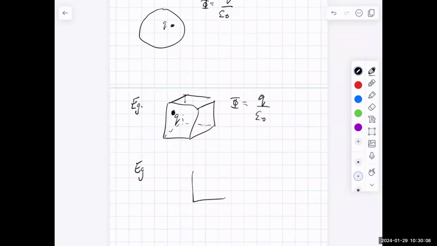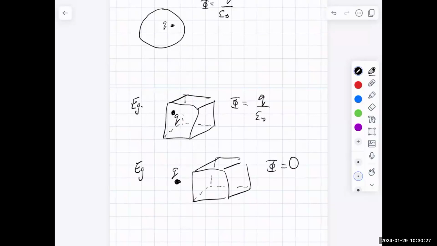So we'll start with our cube surface again, just because that's one I can draw easily. And so I'm going to put Q over here. What's the flux in this case? 0. There's no enclosed charge.